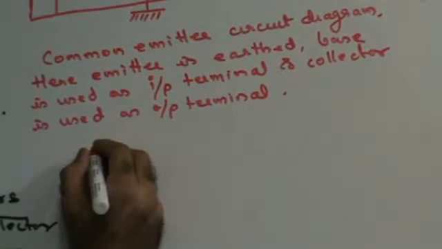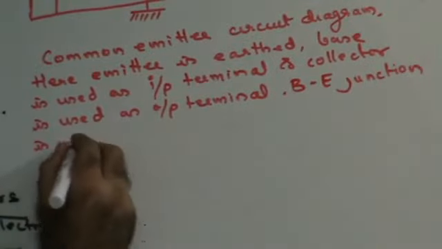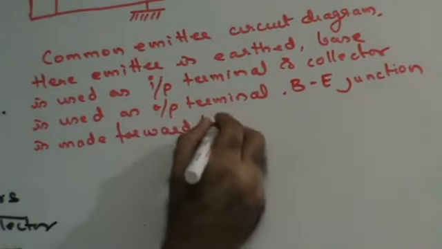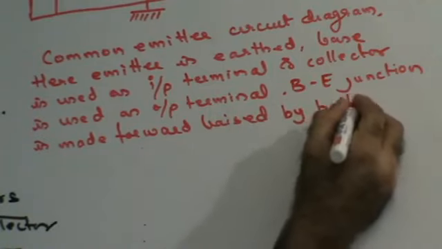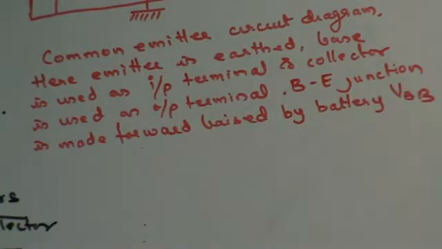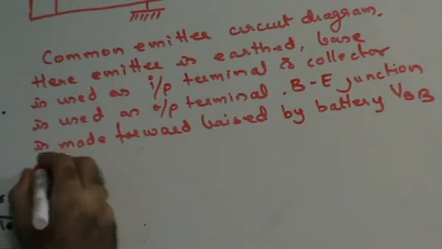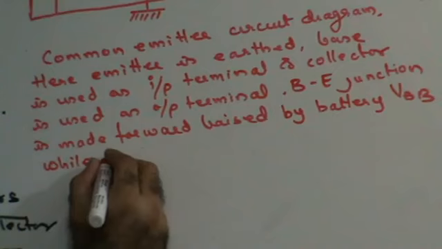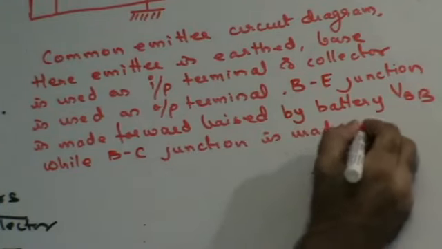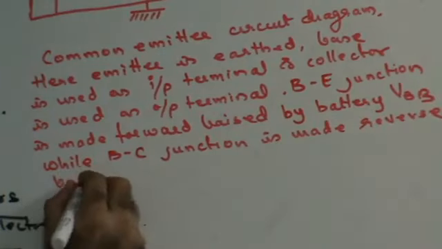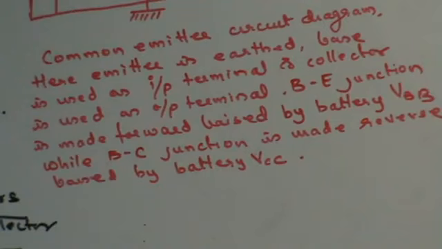Okay, so the base emitter junction is made forward biased by battery VBB, while the base collector junction is made reverse biased by battery VCC. Fine, do we get this in here?